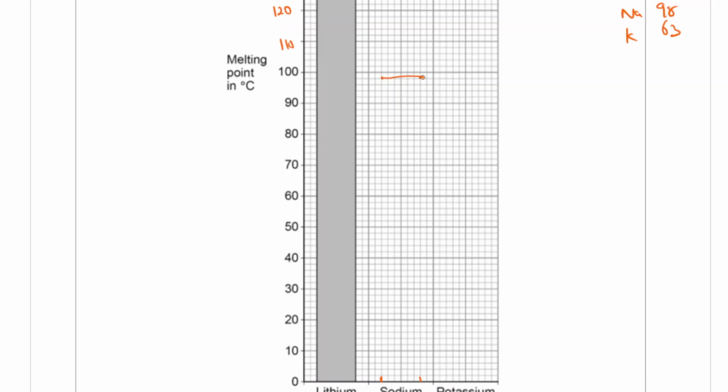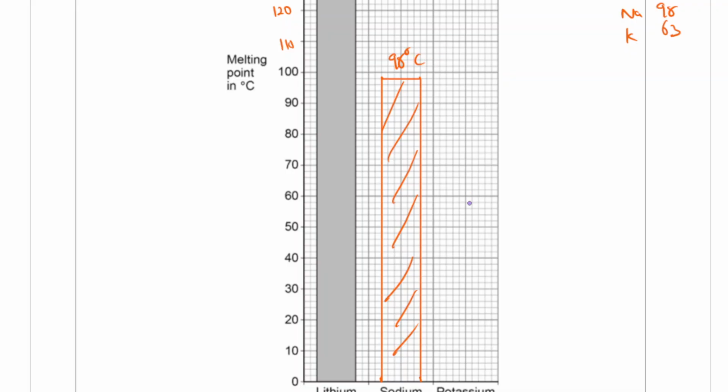So let me draw a flat line, and then draw a straight line down. So that's sodium, 98 degrees.